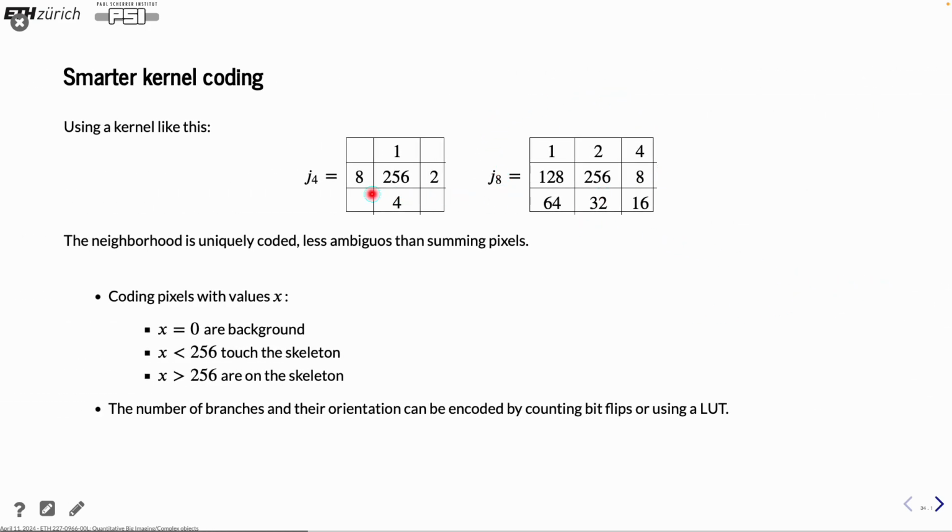These two sense directions, also orientation of the lines, and also of the branching. So, for example, if you have a fork going up, then it would be the sum of 1, 4, and 32. If you have a fork going down, it's 2, 64, 16. So you can really tell the orientation of the skeleton, or the different structures in the skeleton.